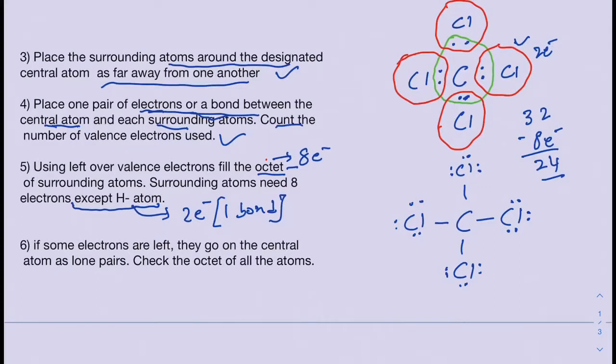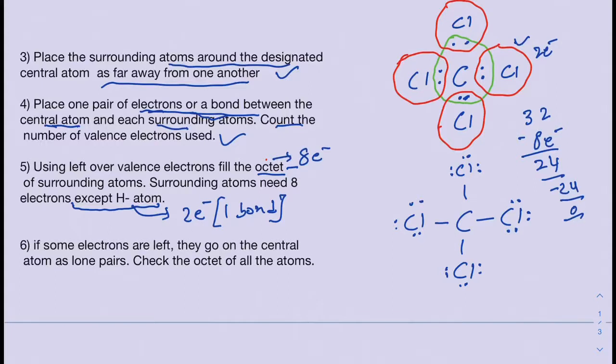Don't put electrons all alone. Then recount your electrons. When you put 6 electrons around each of those 4 chlorines, you use the remaining 24 electrons. So now you don't have any valence electrons left, or another way of saying, you have used all 32 valence electrons.